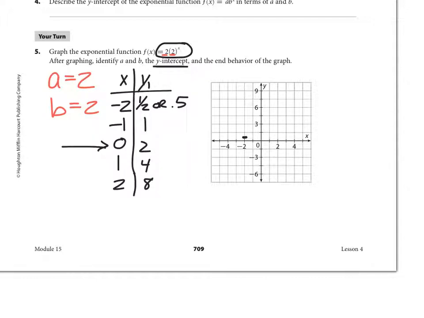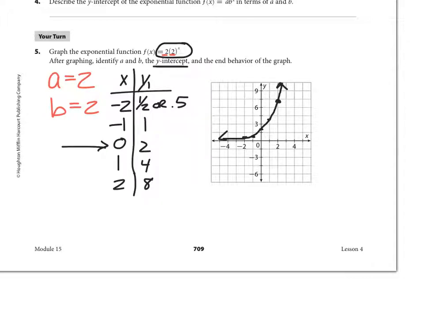It'd be like right here, -1 and 1. So about right there, because these are going by 1.5 on the y-axis. 0, 2, so 2 would be like right there, 1 and 4, and then 2 and 8.